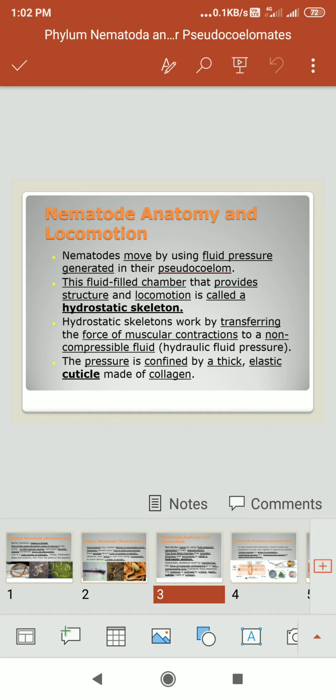You can see the nematodes' anatomy and locomotion. The nematodes move by using the fluid pressure generated in their pseudocoelom, and this fluid-filled chamber provides the structure and locomotion. It is called the hydrostatic skeleton.